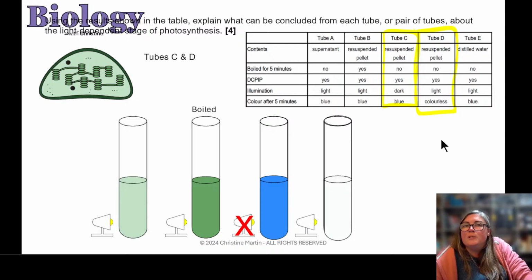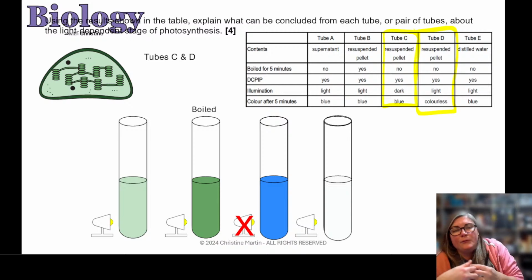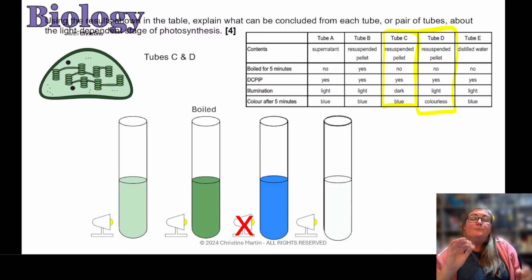So we can use C and D as a way of showing light is required for the light dependent stage, and because the light is being absorbed by the photosystems within the thylakoid, that therefore means that the electrons are going through the electron transport chain, and that therefore means that we are going to have the DCPIP as the final electron acceptor.